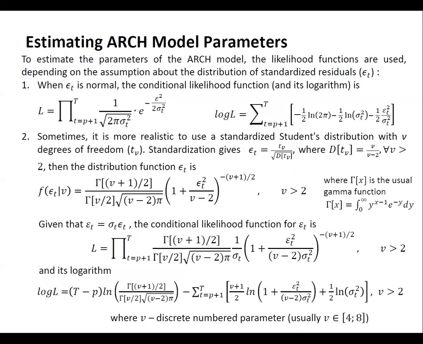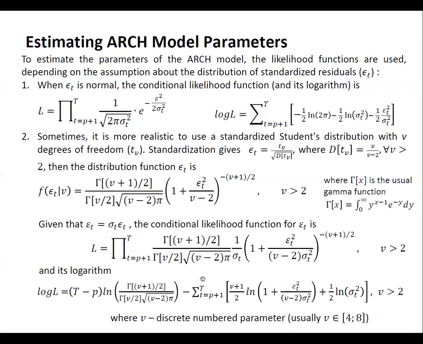Well, these are our standardized residuals. And we need to write the logarithm of the likelihood and the conditional likelihood function in terms of the residuals epsilon itself. Therefore, given the property that epsilon is equal to sigma multiplied by standardized epsilon, we must first divide this distribution by sigma_t, so that the density of epsilon has sigma in the denominator.